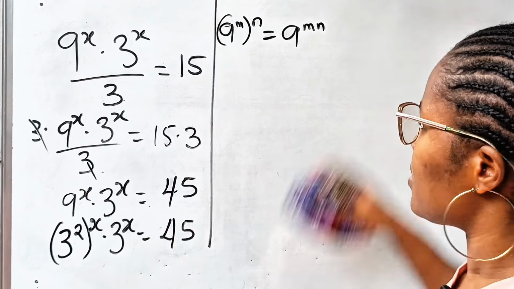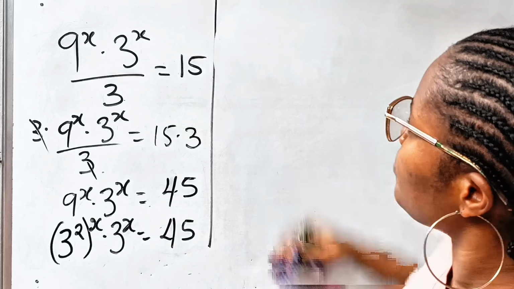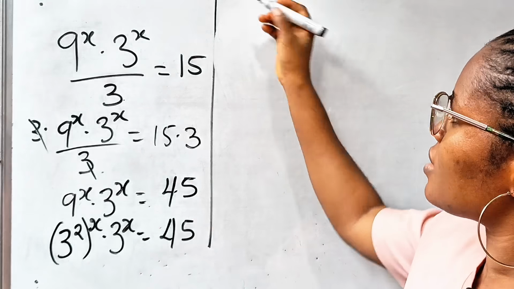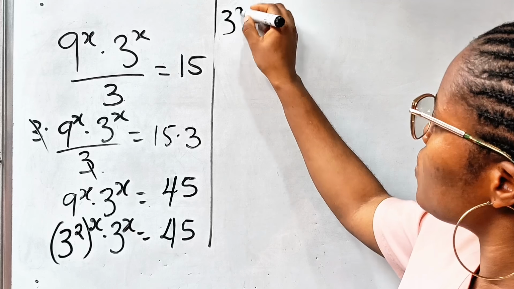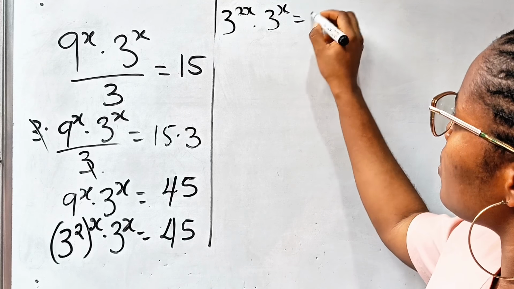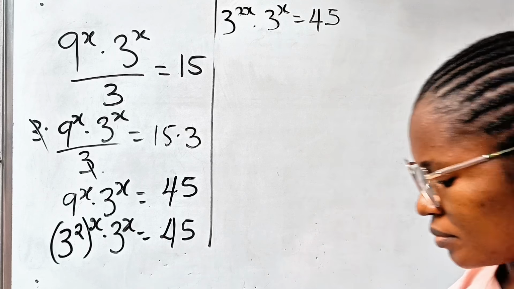I'll be raising this because I need space. Therefore, we can write this as 3 to the power of 2x multiplied by 3 to the power of x is equal to 45.